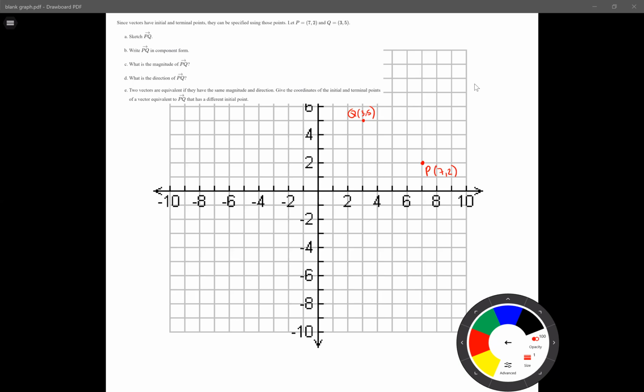Okay, I got no from you guys. It's not the same because the direction is different. Okay, so that means we have to draw the vector from P to Q.